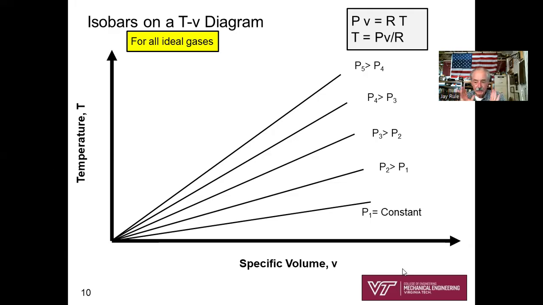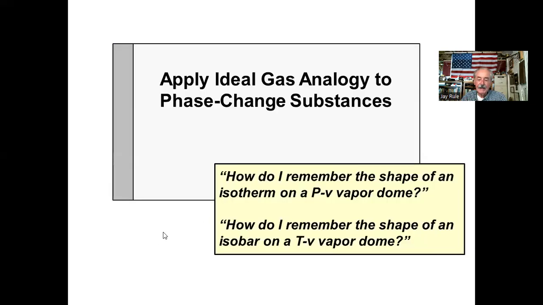So now I'm going to drift away from pure mathematics and talk about sort of an analogy. Let's apply what I just demonstrated to phase change substances. And why am I going through this? That is because students are going to say, how do I remember the shape of an isotherm on a PV vapor dome? And how do I remember the shape of an isobar on a TV vapor dome?